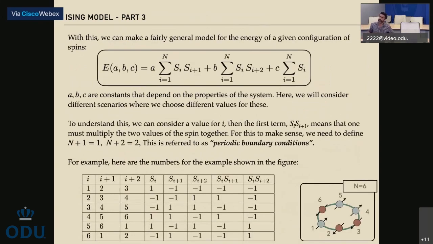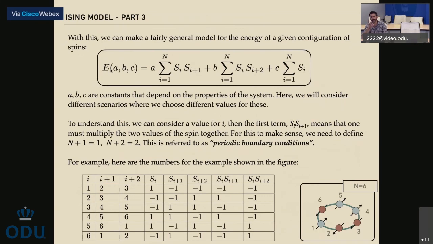Okay. Now, this allows us to model the energy of a system with n spins using a fairly general expression, which is the following. In this, E is the energy of the system, okay?